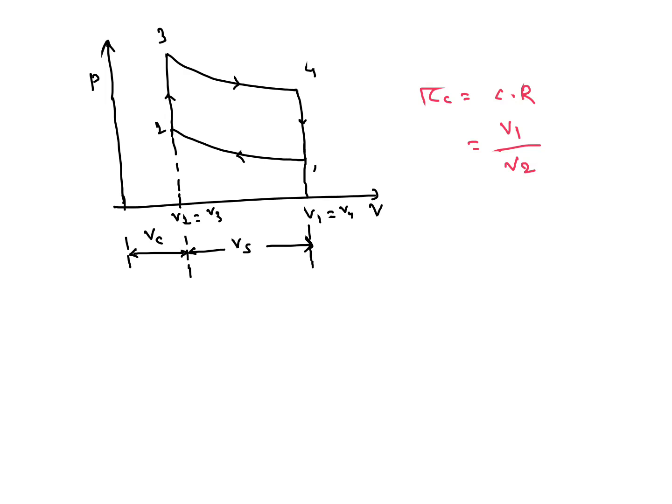We can write V1 by V2 as V4 by V3, or V maximum divided by V minimum.